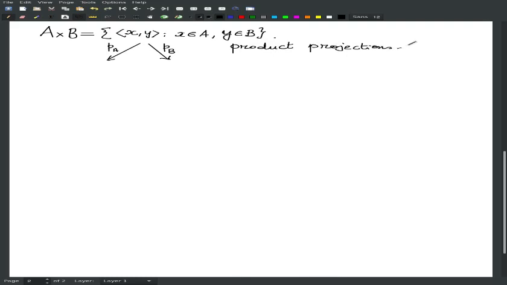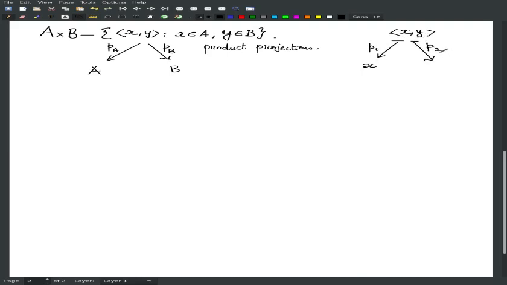Okay, and what does this do? So this goes to A and this goes to B, and what does it do? Well, if you take an ordered pair, P1 gives you back the first coordinate and P2 gives you back the second coordinate.